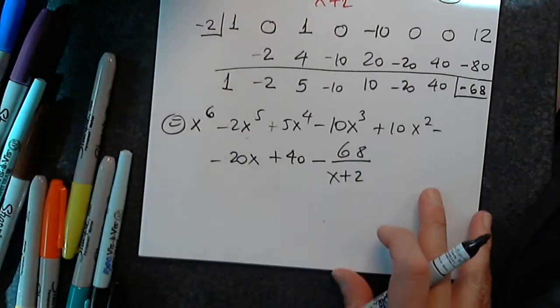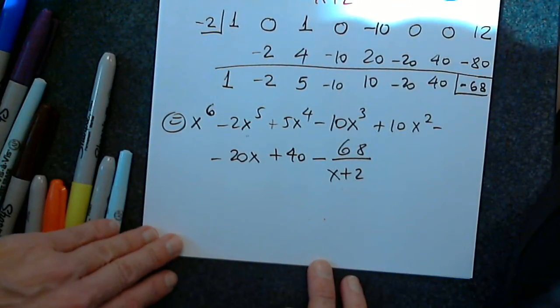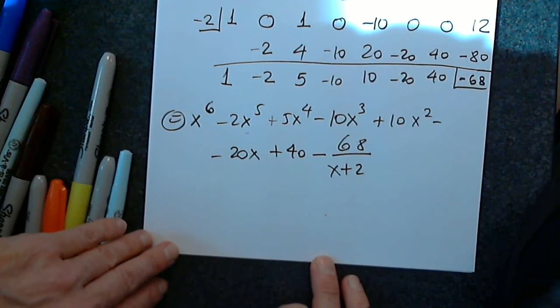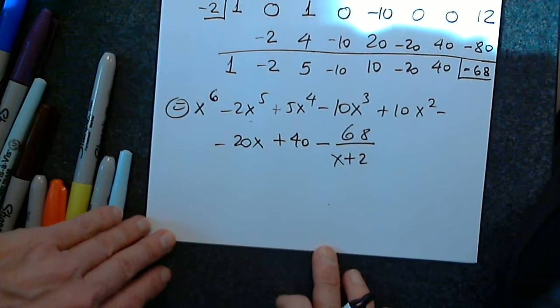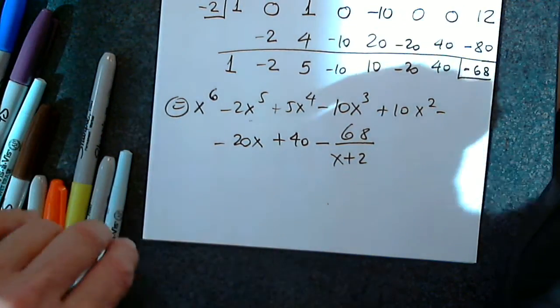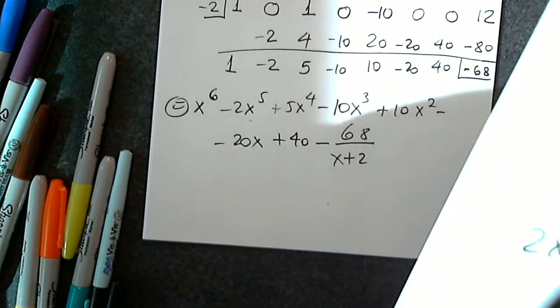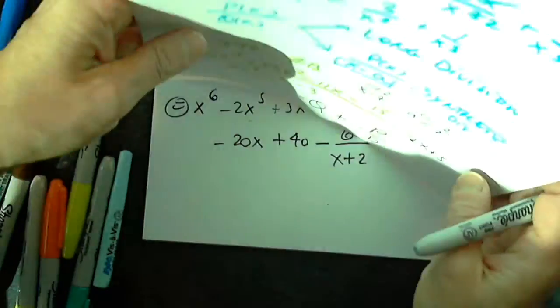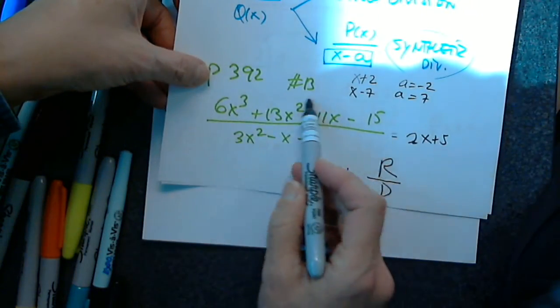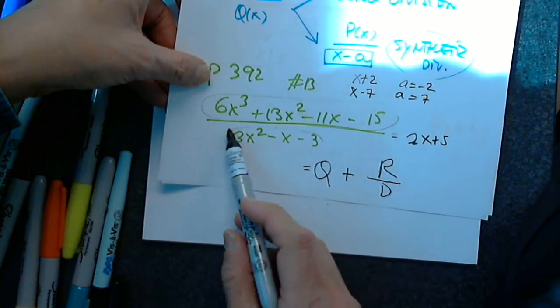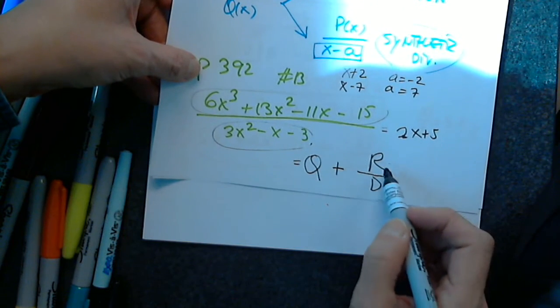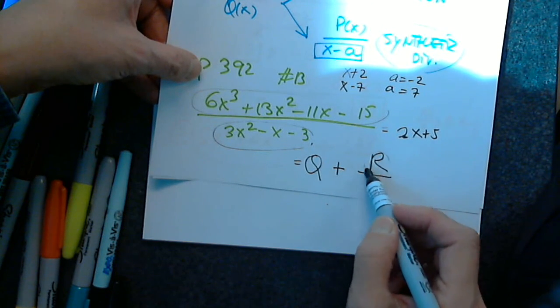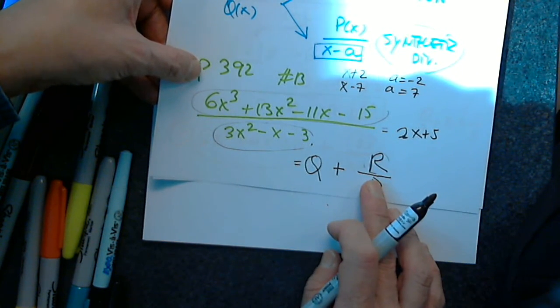Okay, two things here that you may or may not know. Going back to our first example, we had a polynomial at the top, a polynomial in the denominator, and we obtained no remainder, correct?